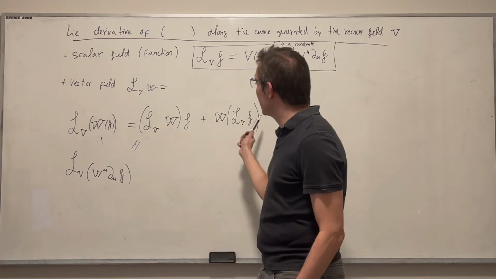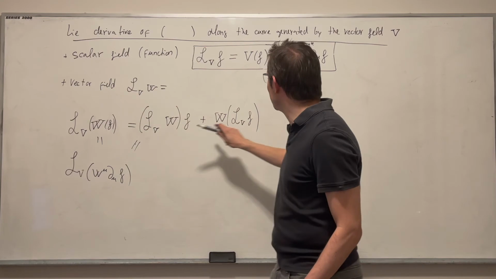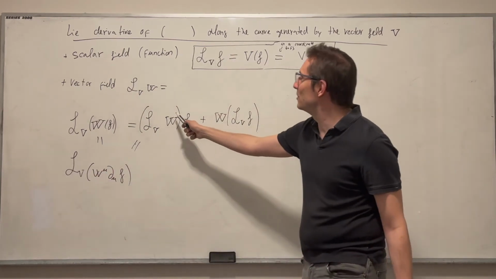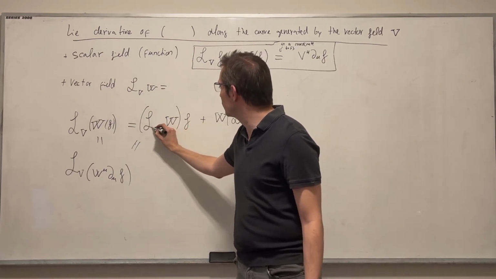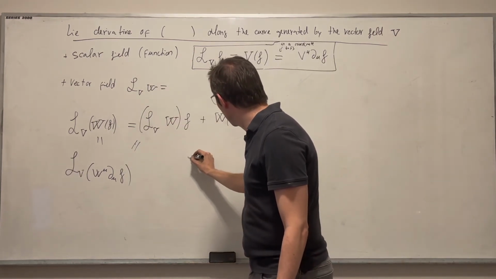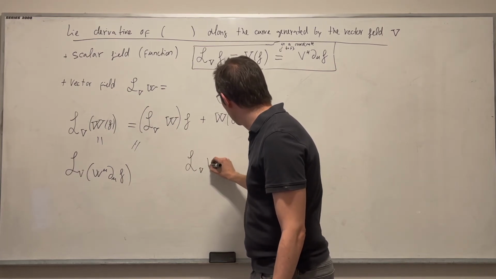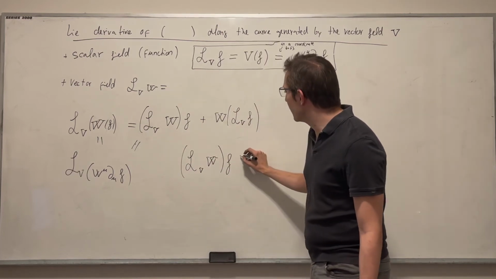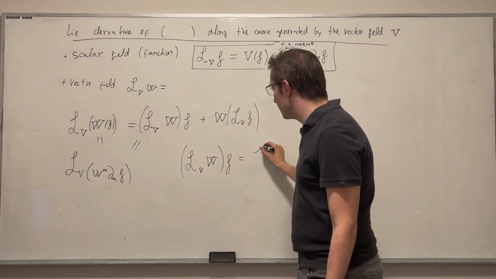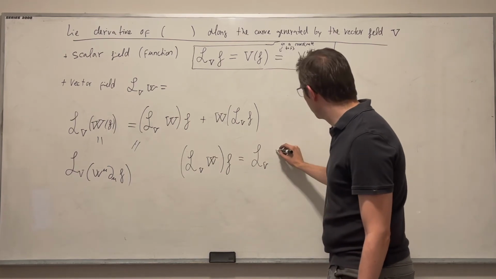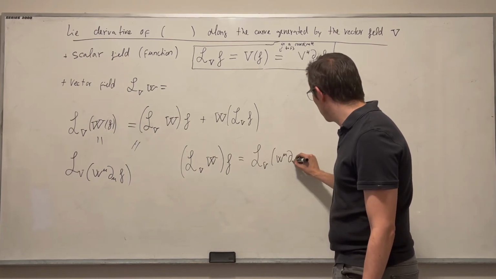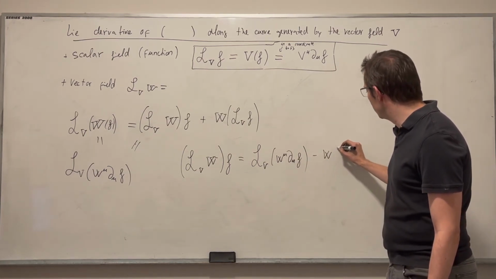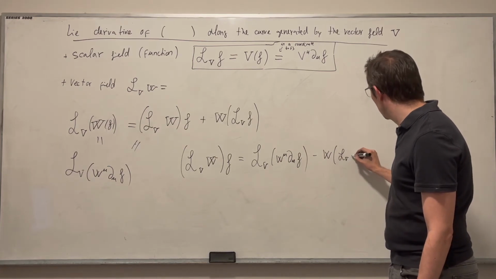Now, in this equality, I can isolate this thing, which is what I want. Everything else I know to compute. All that is left is the Lie derivative of a vector that I don't know how to compute. But let's put it on the left. So I put the Lie derivative with respect to v of the vector w acting on f. This thing has to be equal to the Lie derivative with respect to v of w^mu partial_mu f minus w acting on the Lie derivative of f.